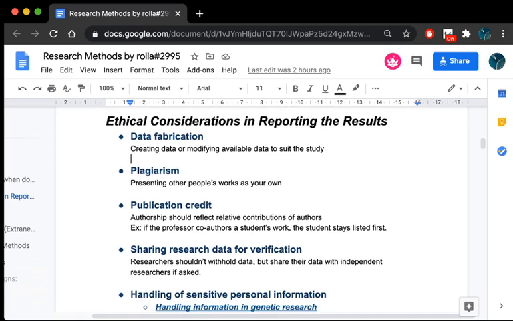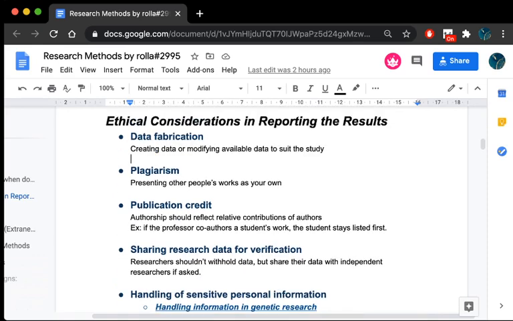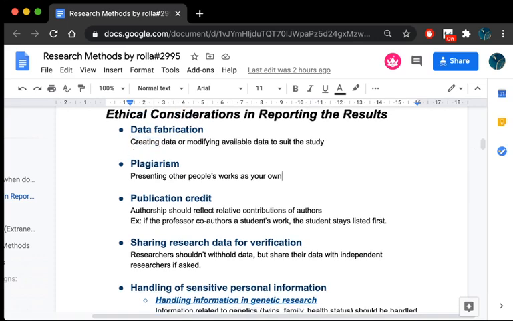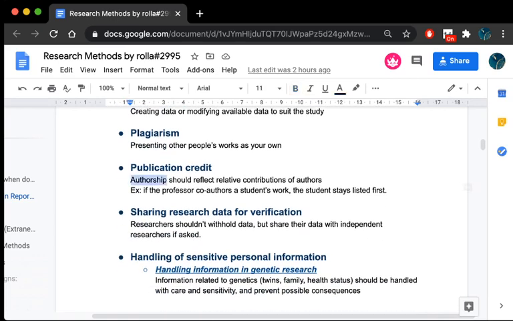Now we're going to ethical considerations in reporting the results. First, we have data fabrication. Obviously, it's wrong to fabricate and fake your data because that is not representative of reality, and you're also not supposed to plagiarize because that goes against general academic integrity. And there's also publication credit. The authorship should reflect the contribution of the author.